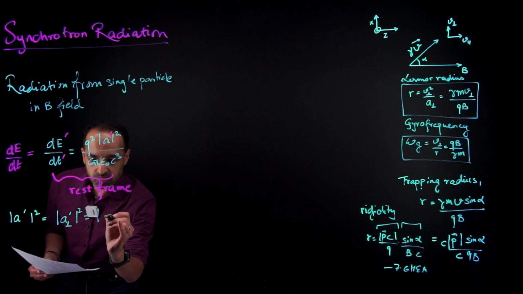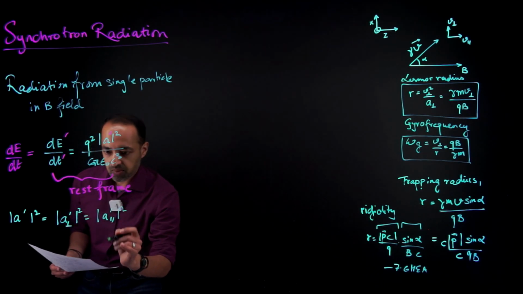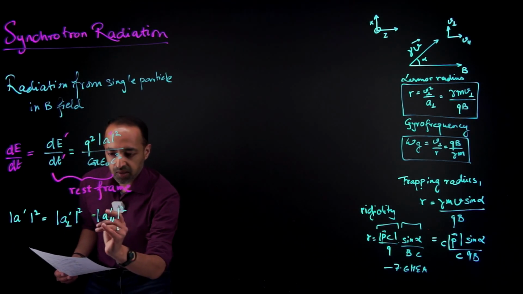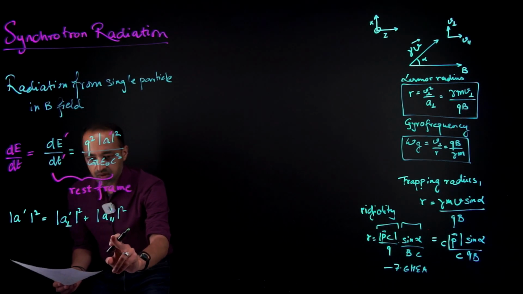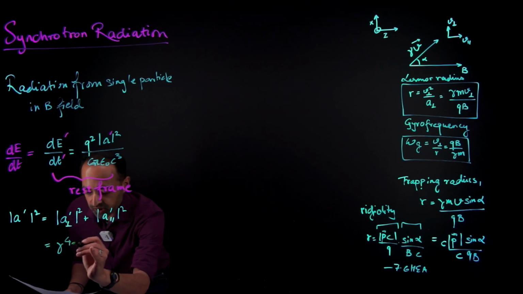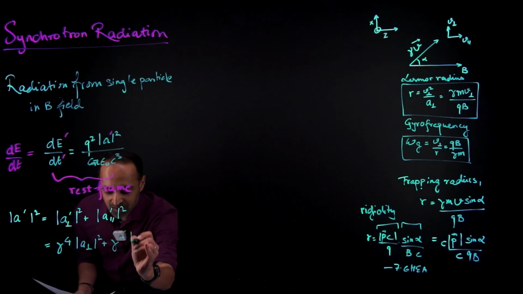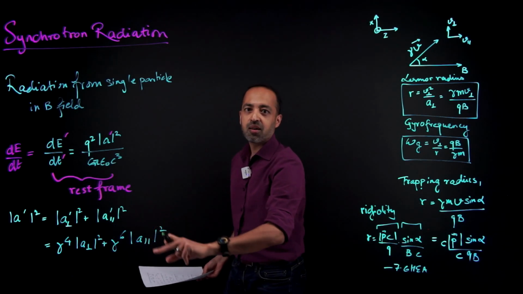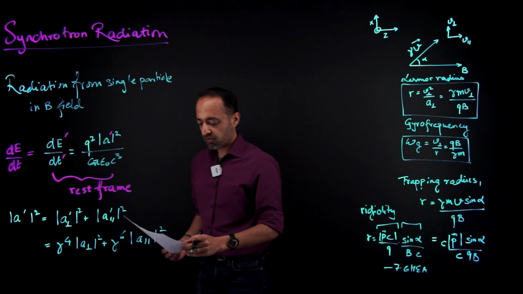You can decompose this into the parallel and perpendicular components: a perpendicular prime squared plus a parallel prime squared. So I'm just decomposing the acceleration into parallel and perpendicular components. And then each of these transform in different ways. So this looks like gamma to the fourth a perpendicular squared plus gamma to the sixth a parallel squared. Here I've dropped the primes and I've transformed the parallel and perpendicular components from the prime frame to the lab frame, the unprimed frame.